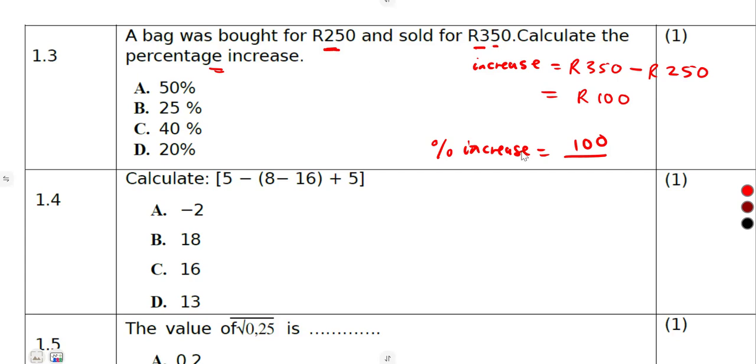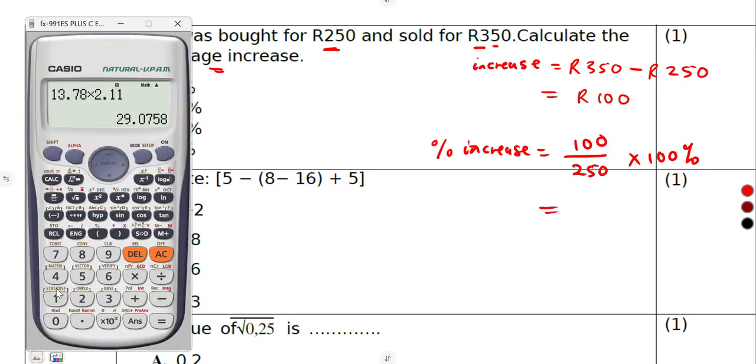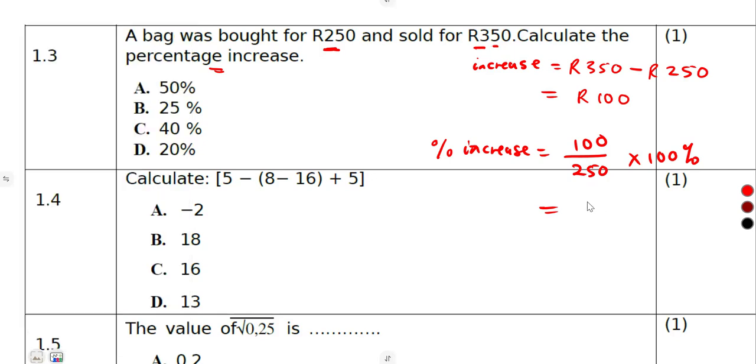It was bought for 250. So you multiply it by 100%. You can just use your calculator. 100 over 250, then multiply by 100. That is 40. So this is 40%, which is C. All right, so 1.3, that is C.